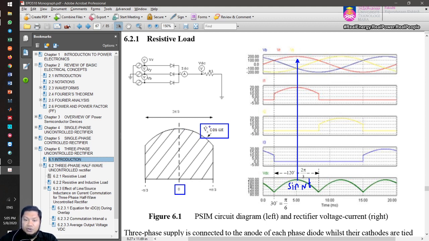Now it changed to cos theta, because the cos waveform always looks like this. So this is a cos omega t waveform, since the center of the peak is at 0. Now it becomes V peak phase cos omega t.